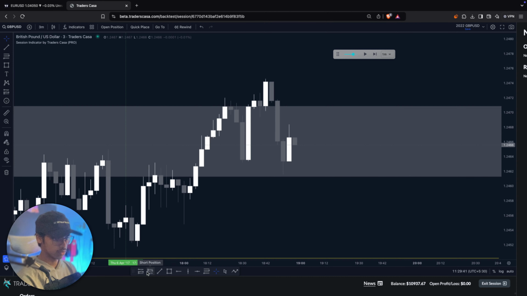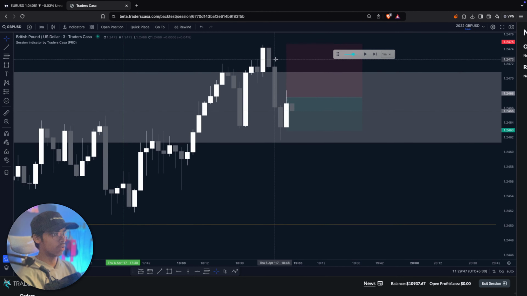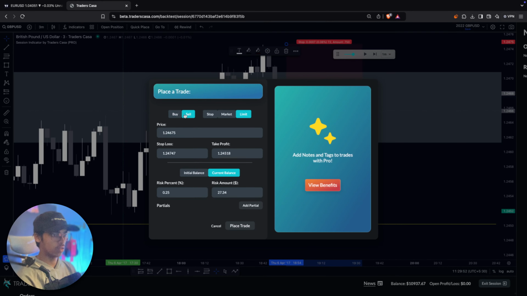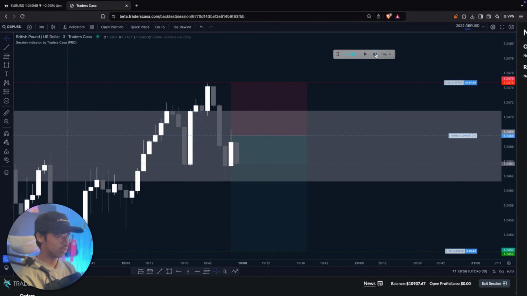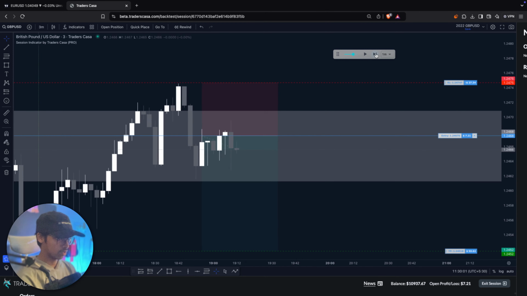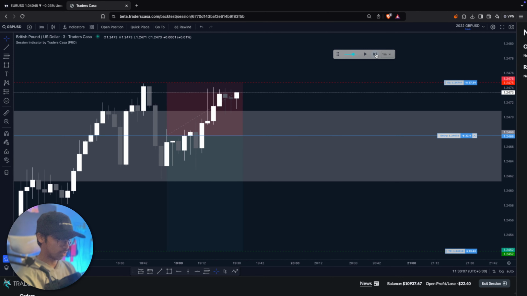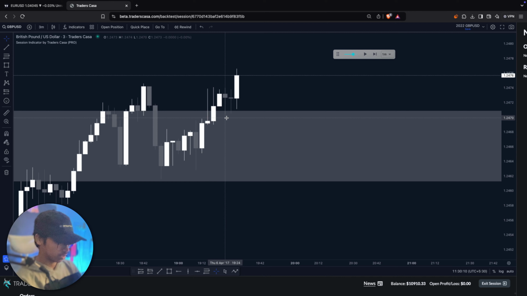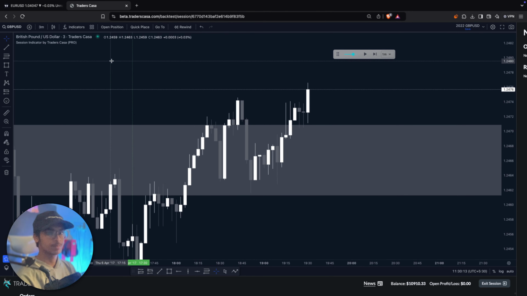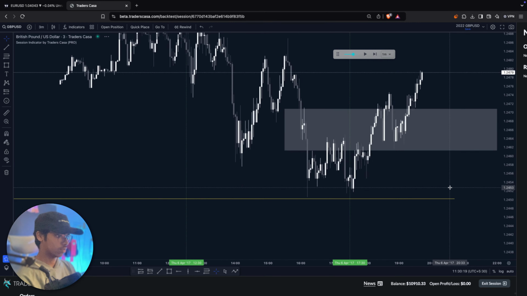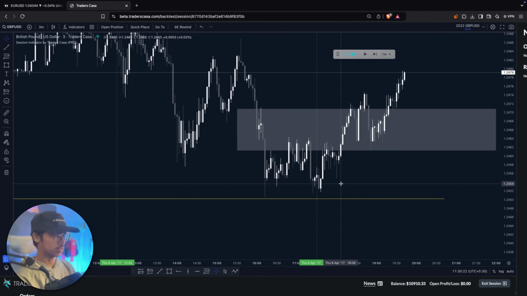Is there? Limit current value. Shit. I think it is trying to build a sell side liquidity.